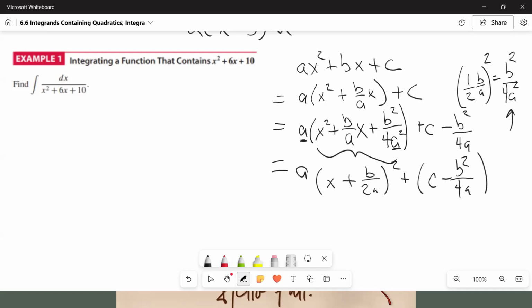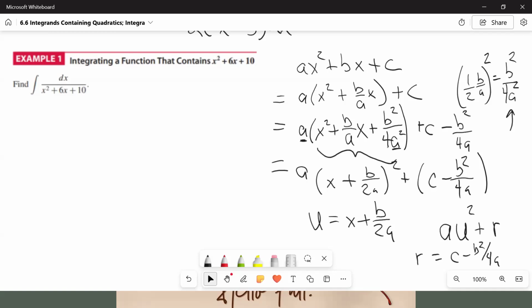And then if you let u equal x plus b over 2a, to express the original quadratic in a simpler form, we can rewrite this as au squared plus r, where r equals the c minus b squared over 4a part. Okay, so let's actually run through an example here where we do this whole thing.